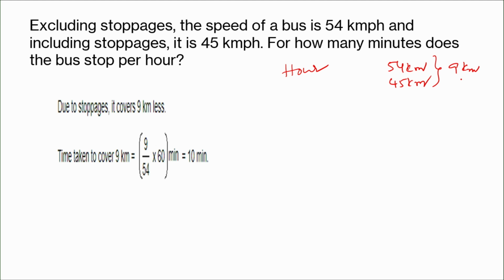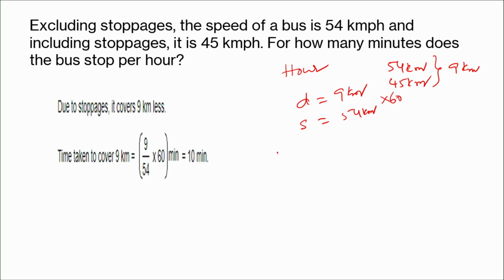So, now you have to find the time per hour. The distance is 9 kilometers and the speed is 54 kilometers per hour. If you want the answer in minutes, you multiply by 60.